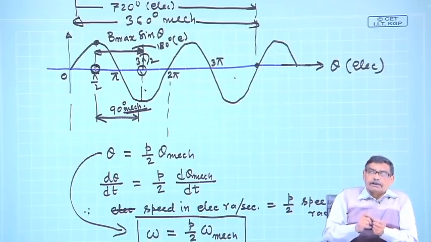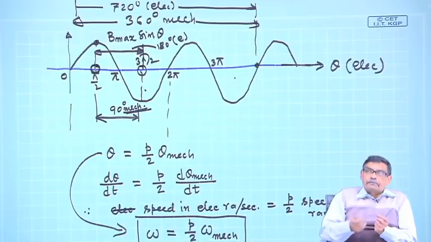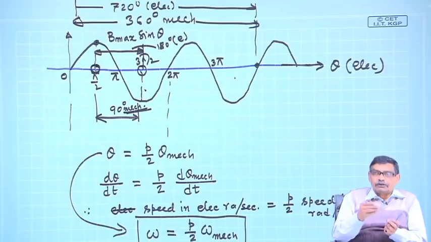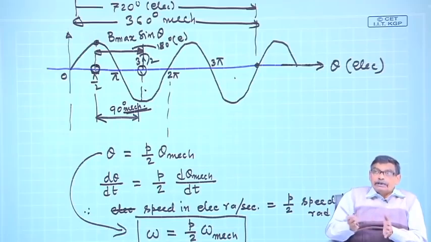Now, in such an environment, if a conductor moves with a certain speed v meter per second, then as it completes one rotation, it will cross successively south pole, north pole, south pole, north pole before it comes back to its original position. Therefore, 2 cycles of EMF will be produced, which is equal to 720 degree when we sketch a voltage waveform.